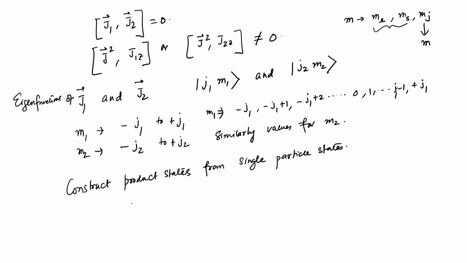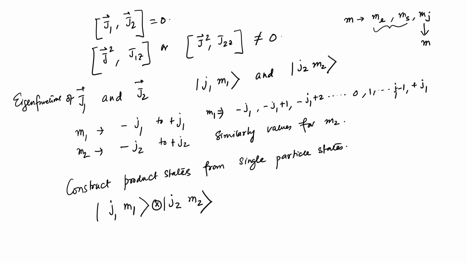Corresponding to particle 1, we can have J1 M1 written as a ket, and this is going to be multiplied by J2 M2, another ket, and there is a product.